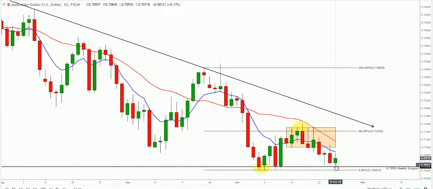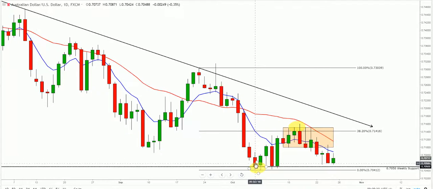Now today's candle, we saw a little move down towards that weekly support level, but we do seem to be pulling back up slightly. We have rejected the exponential moving average currently. However, we'll have to wait and see how we close.